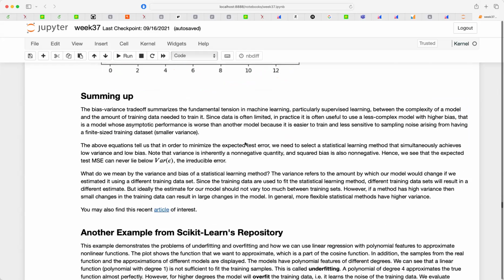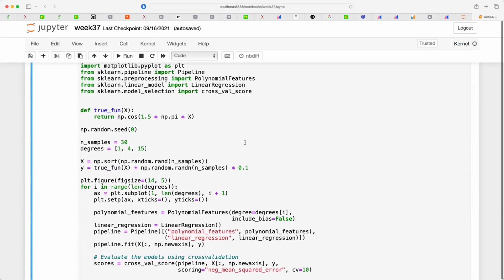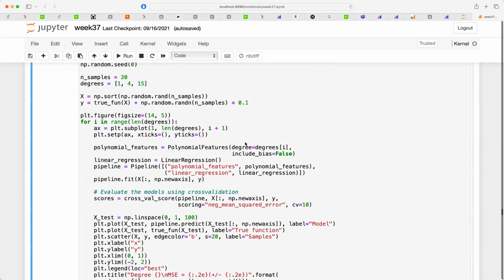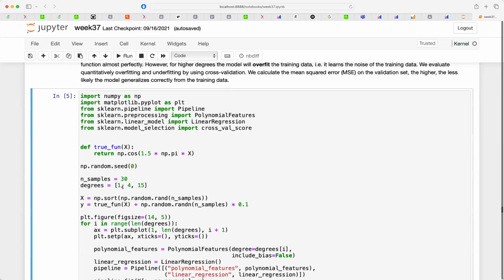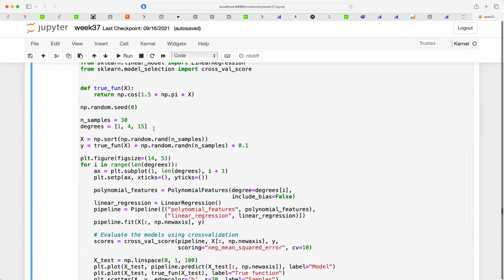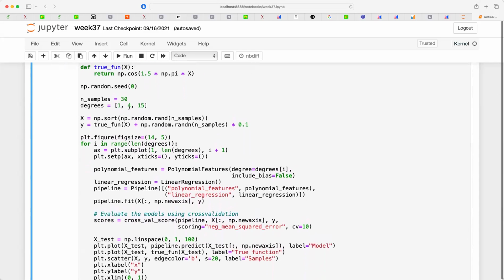If you scroll down, there is another example which you can find on the Scikit website. This is us fitting three polynomials to a data set which is a cosine here. So this is a data set you're making, and then you fit a polynomial to that one, of degree 1, 4, and 15.